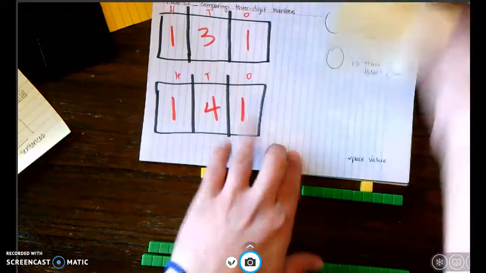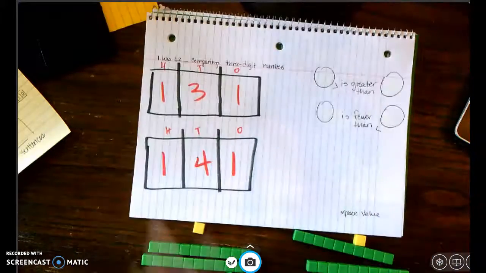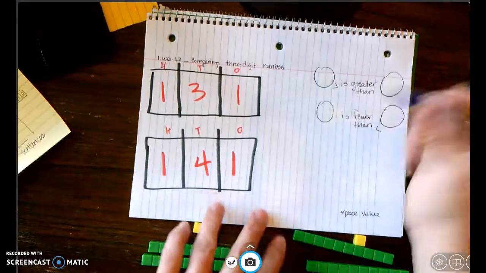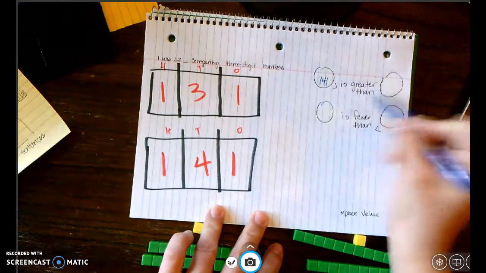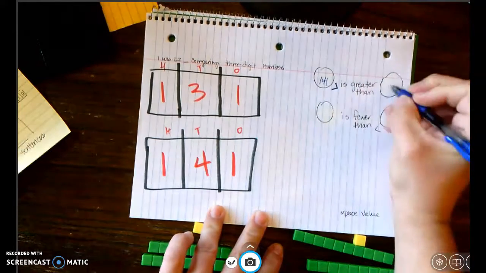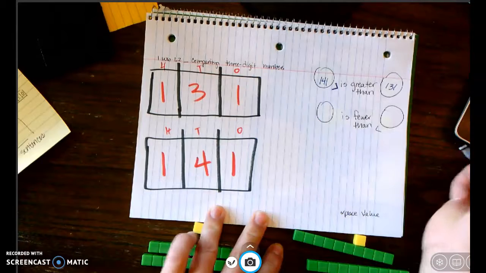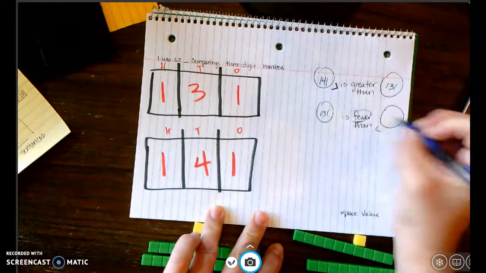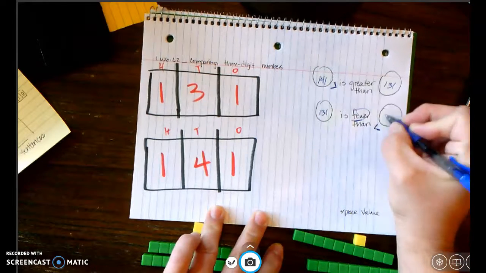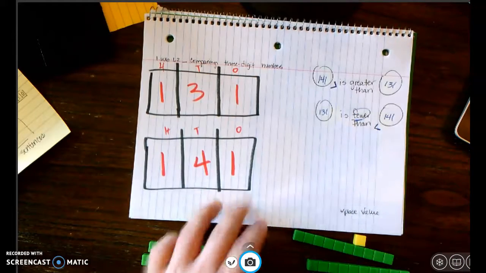And so I can come over to the side and go ahead and fill out my place value table sentences. I can say, well, this is greater than. 141 is greater than symbol, 131. Or I can say 131 is fewer than symbol, than 141. This is what I did on my own.